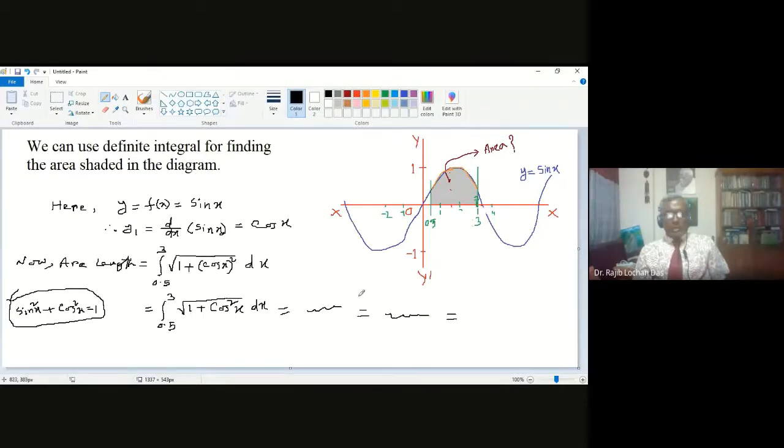So anyway, this is possible to solve, but not by the knowledge we have got here. So somehow maybe it is possible to solve and then find out the answer. So that answer, whatever the answer, 5 or 2 or 3, that will be the length of the arc. You understand my point?